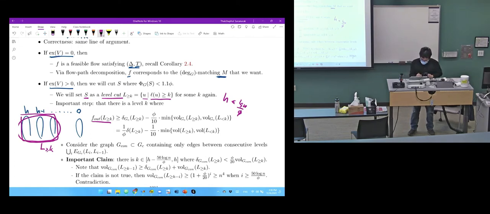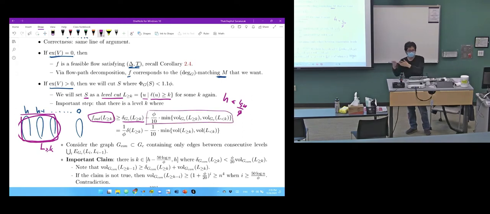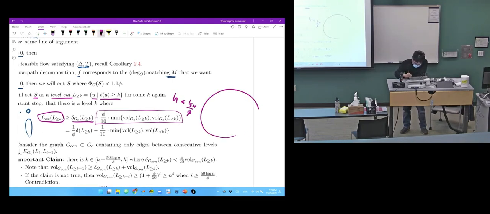That is, there is a level such that the total flow going out of this level is almost the cut size, but minus something small. Okay. So there's a level here such that most of the flow is saturated, except there are some edges, a small part of it, which is not saturated. Okay.